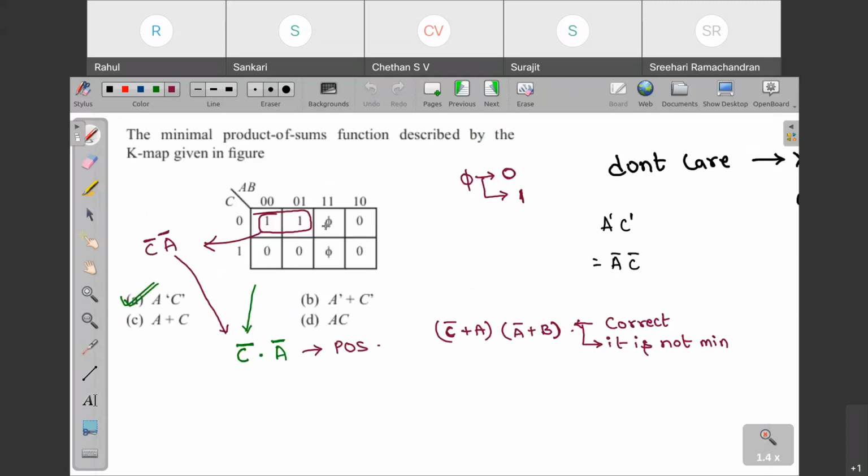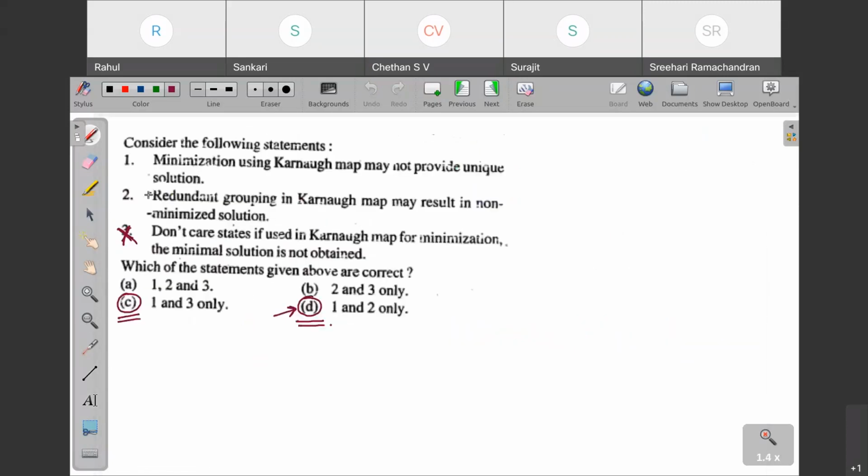Like in the last case, when we were grouping zeros, it was giving the minimized POS. But when we group one, we never required this don't care. So don't care, if we are able to use it, it will always give us the minimized expression. So statement 3 is wrong.